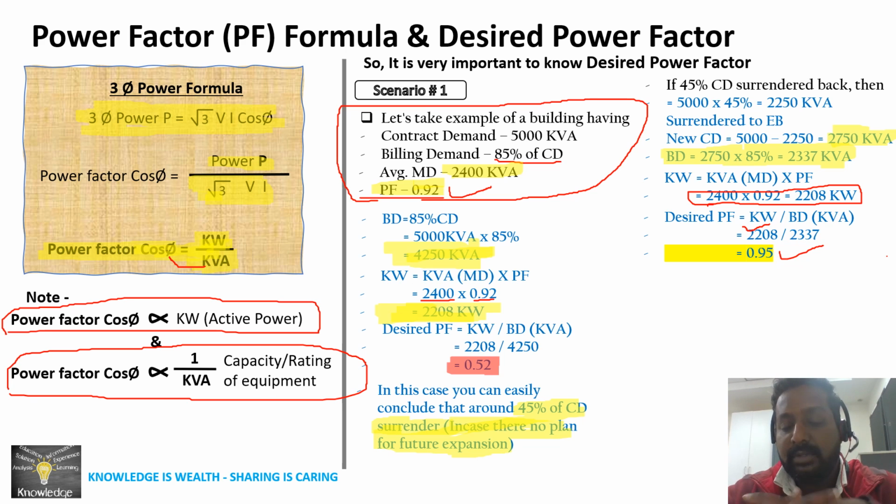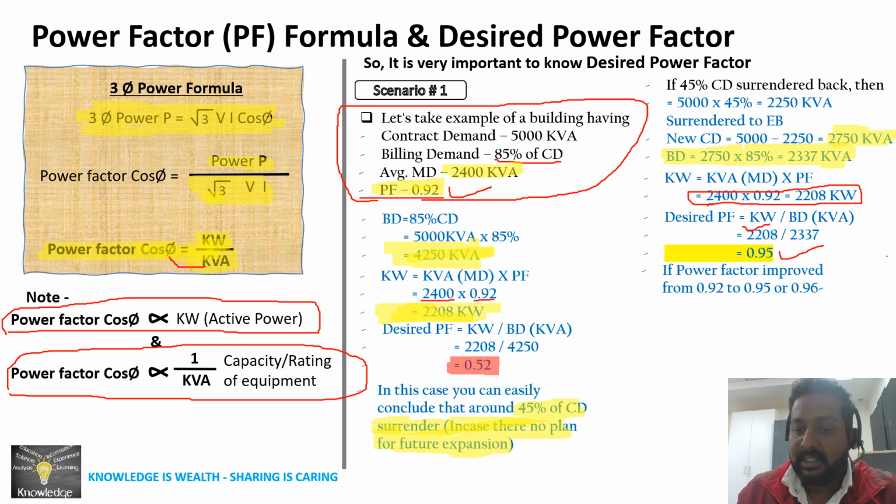To improve this, as already discussed, we need to include some reactive components like a capacitor bank to neutralize the lagging effect and improve the power factor. Let's say we have included some capacitor banks and improved our power factor from 0.92 to 0.94 or 0.95.